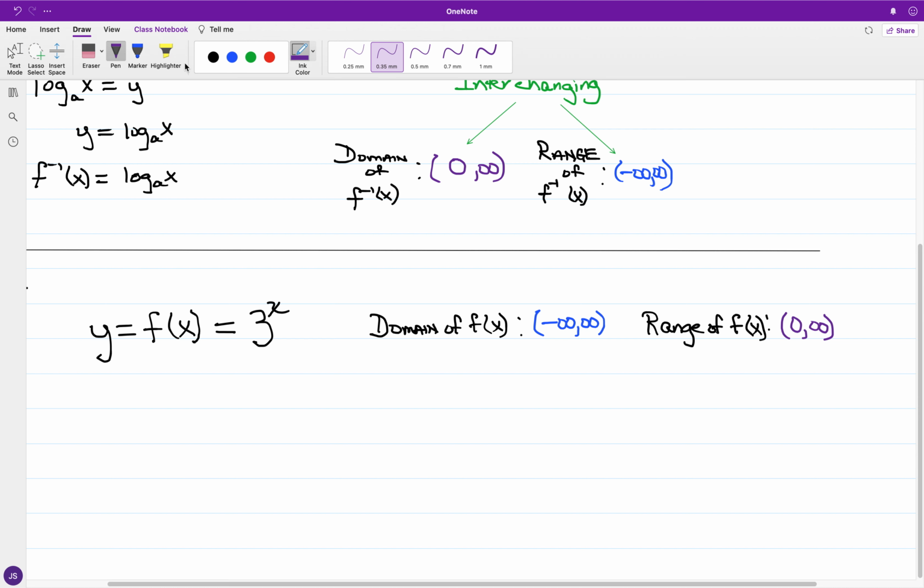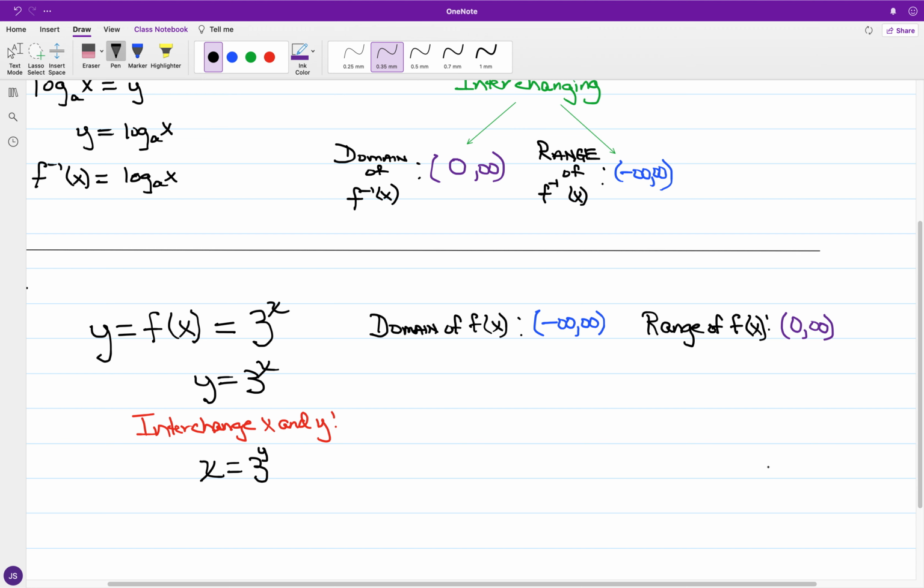And just looking at taking the inverse. We have y is equal to 3 raised to the x. In looking for the inverse, as I interchange x and y, here we'll have x is equal to 3 raised to the y.